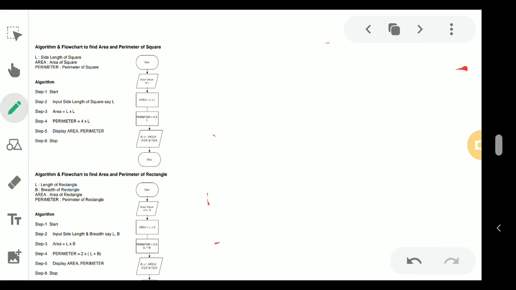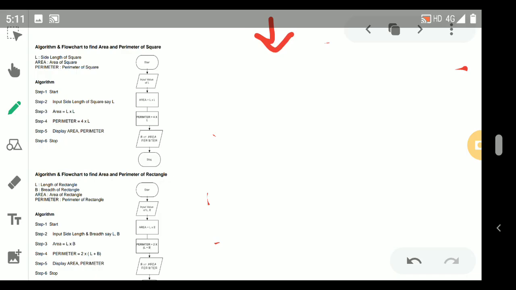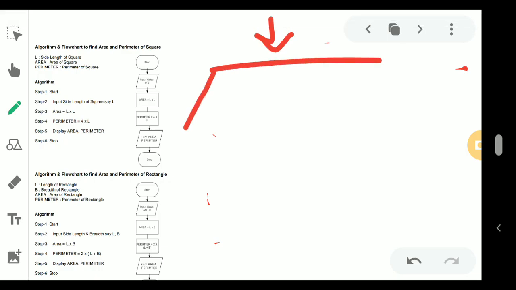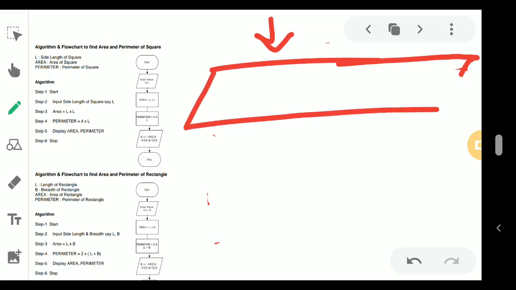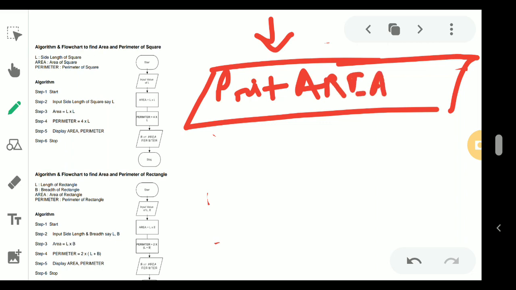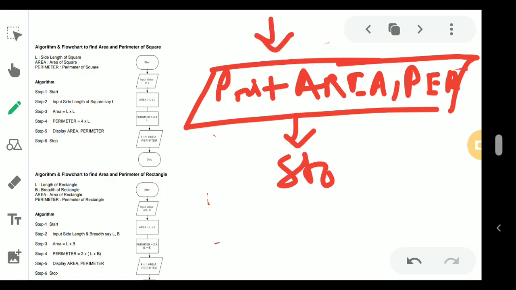We need to print the variables, so there is a continuation symbol I am giving, and then we are printing, also a parallelogram. So print AREA, PERIMETER. And next we just do stop.